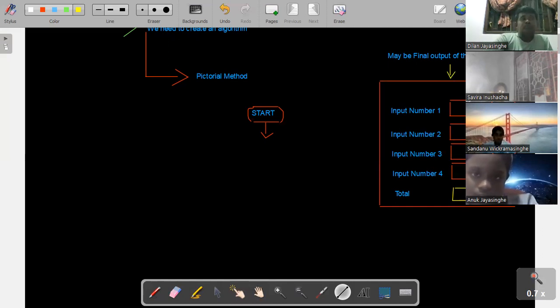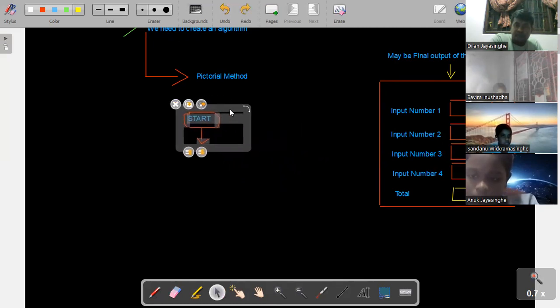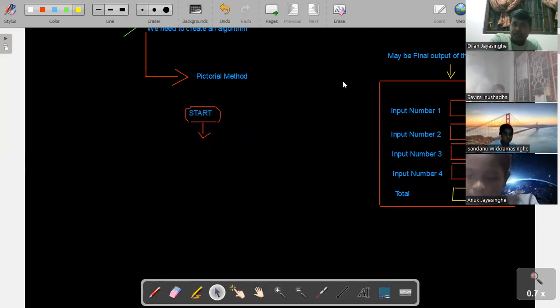This is the created program's final output, right? To have this output, we need to create the program by a programming language.